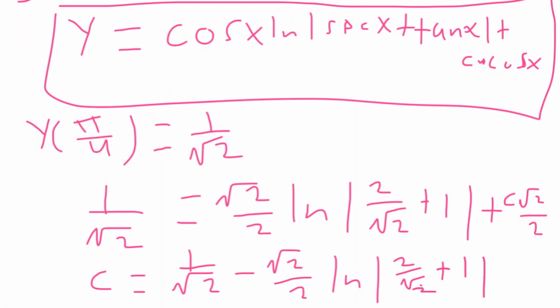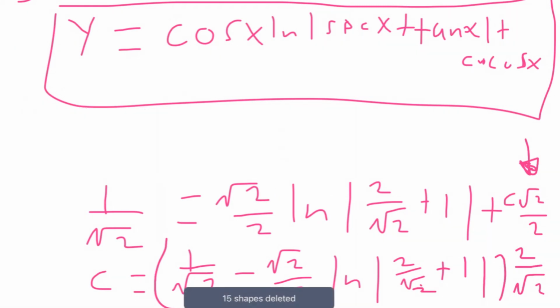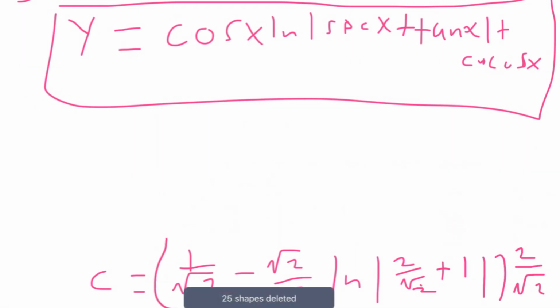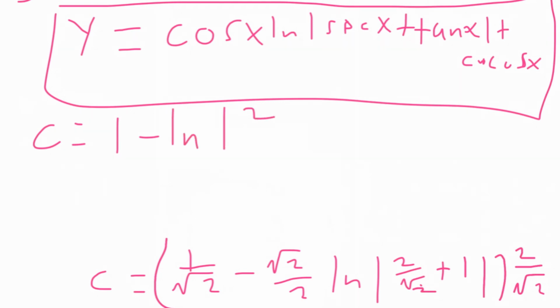And we'd multiply by the reciprocal of the coefficient of c here. So it'd be all this times 2 over root 2. And then we'd get c is equal to 1 minus ln of 2 over root 2 plus 1.